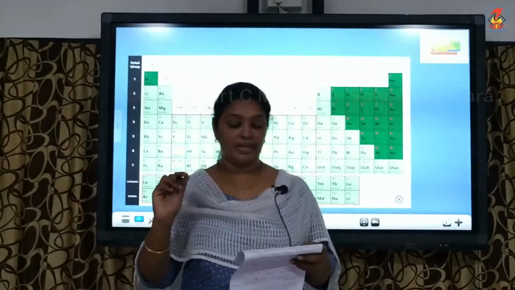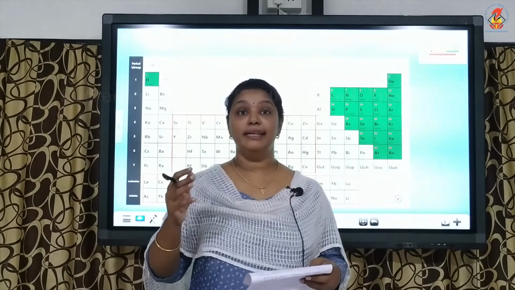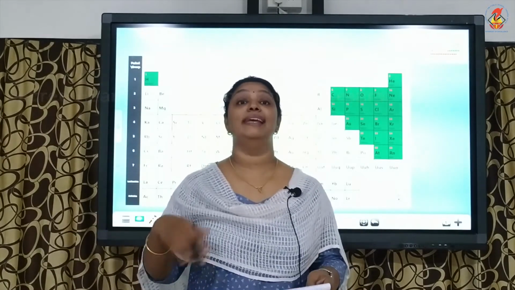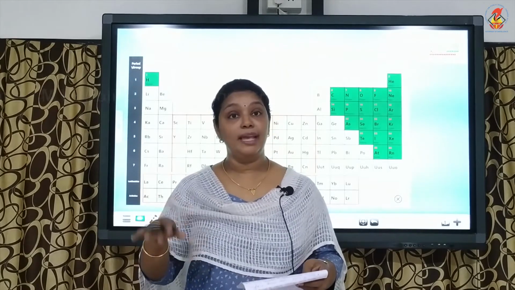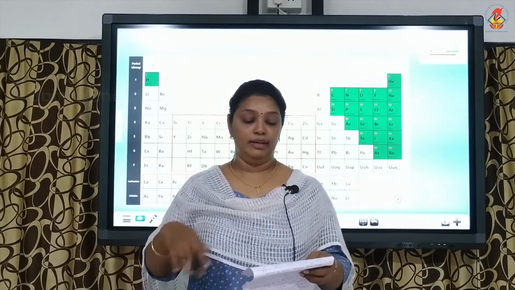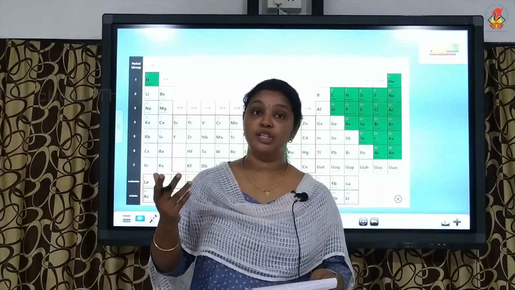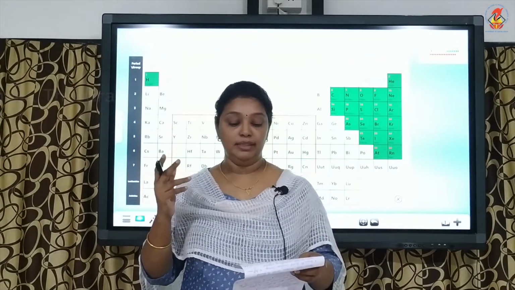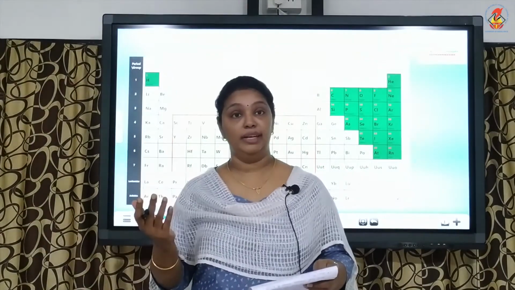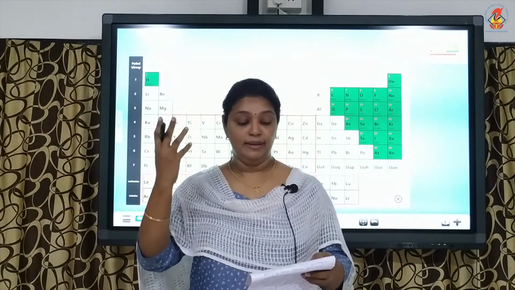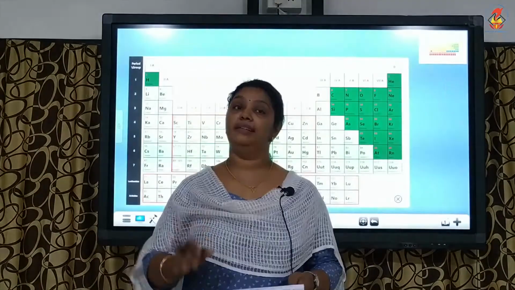Now the force of attraction between the nucleus and valence electrons increases because electrons are added to the same shell. So the effect of increase in nuclear charge is more compared to the screening effect. So Z effective, or effective nuclear charge, increases, meaning atomic size decreases.